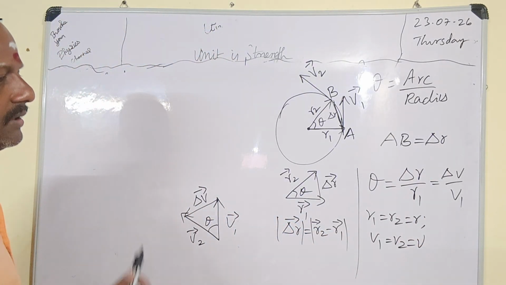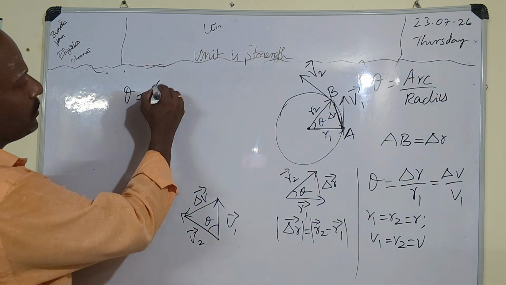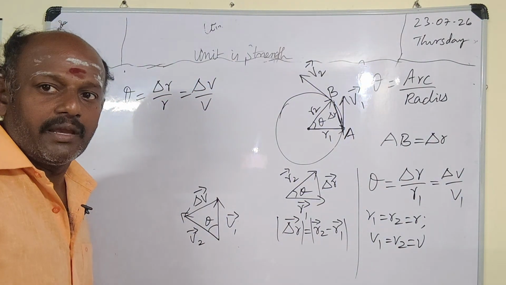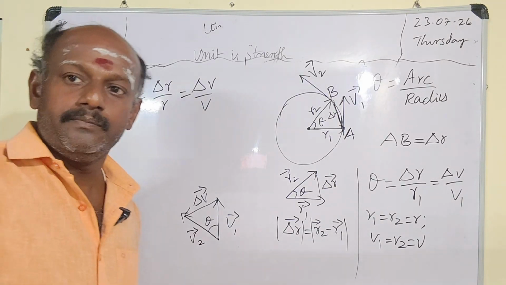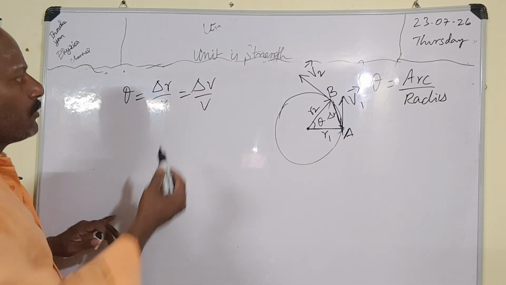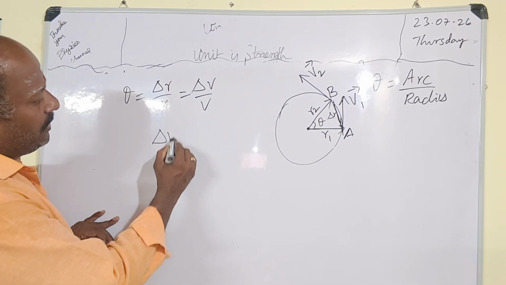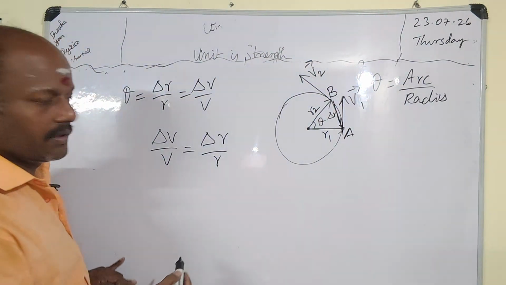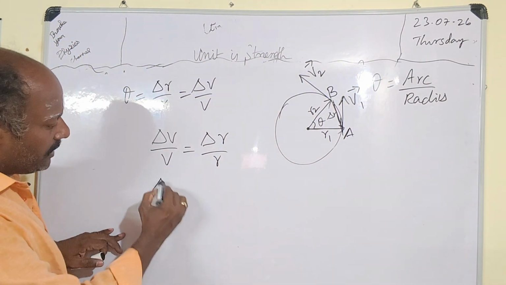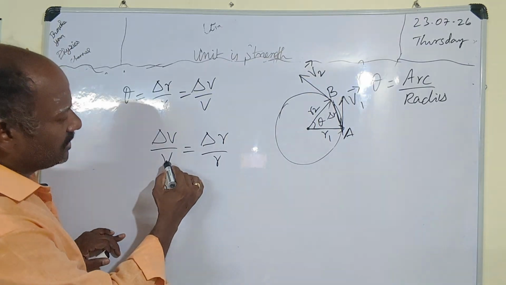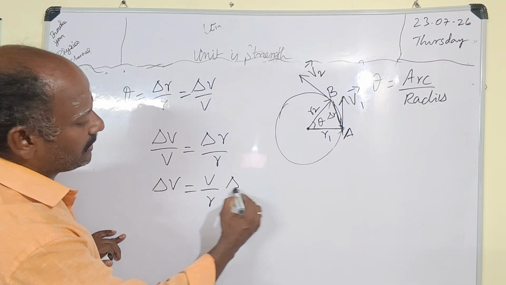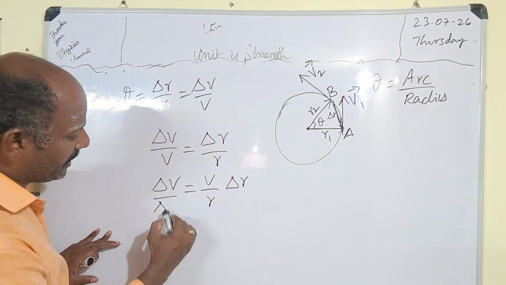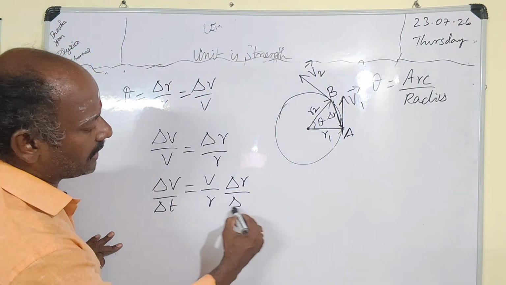So let us take theta is equal to delta R by R, which is equal to delta V by V. When both are equal, delta V by V is equal to delta R by R. Now delta V is equal to V by R into delta R. Now I am dividing on both sides by delta T. That is delta V by delta T is equal to V by R into delta R by delta T.